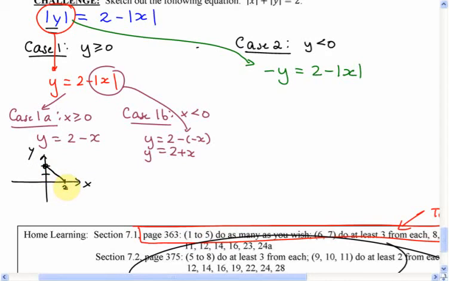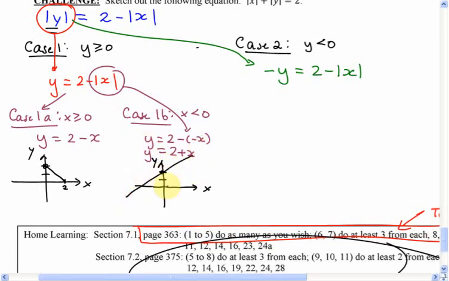Now, you graph out case 1B for me, please. We'll do it separately. How do you describe this line? Y equals 2 plus x. What's the y-intercept again? 2. What's the slope? 1 to the right, 1 up. Right, so you're going this way.